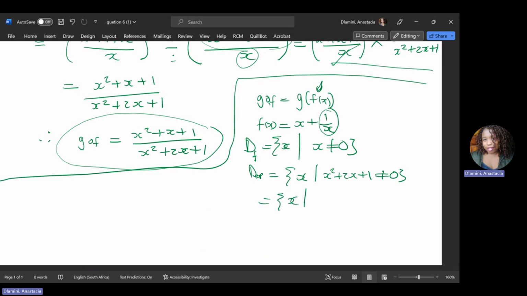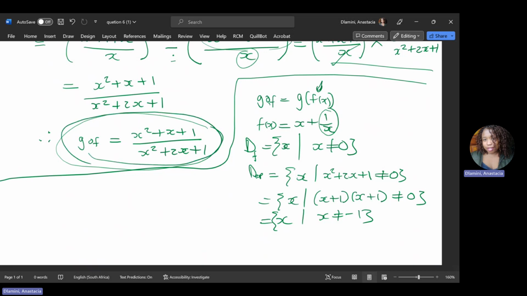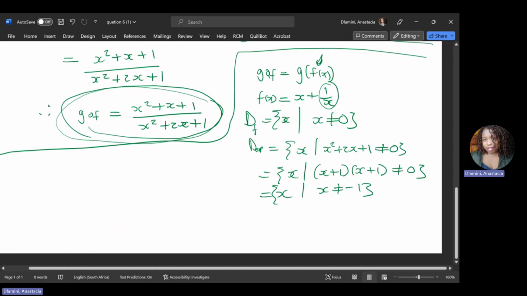This will be (x plus 1)(x plus 1) is not equal to 0. Therefore, it means that x is an element of real numbers such that x should not be equal to -1. So meaning that for the expression to be defined, x should not be equal to -1. Otherwise, this expression over here that we have calculated will actually be undefined.